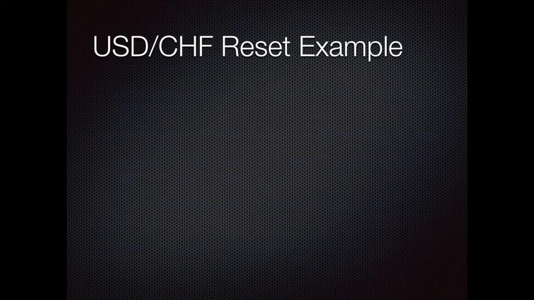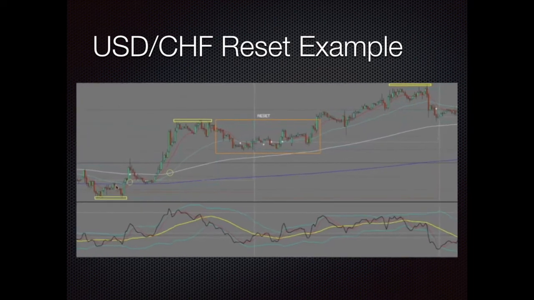All right, guys. So let's take a look at an example of a reset here on USD Swiss. So here is the peak formation low, right? And then here we have the cross of the 13 and 50, level 1. Here we have the cross of the 50 and 200, which is this right here.